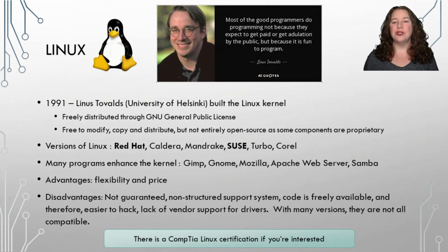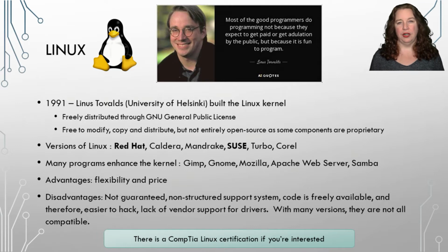And because there are so many versions out there, they may not be compatible with each other. So you could have 3 different versions of Linux running. You could have Red Hat, Caldera, and Mandrake all running, and they may not be able to talk to each other completely. So even though they all fall under that Linux, that Unix name, they're all just a little different because it's open source, because they're allowed to be a little different.